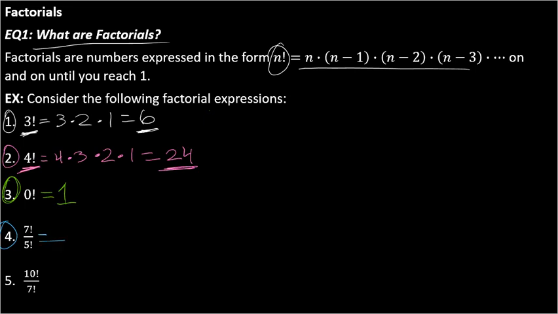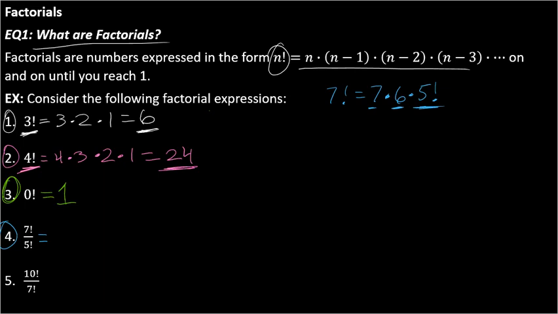Okay, number 4, now we're going to look at some rational expressions involving factorials. So 7 factorial over 5 factorial. Something interesting is going to happen here. 7 factorial is equal to 7 times 6 times 5, and we can stop there and say that it's equal to 7 times 6 times 5 factorial, right? Why would that be useful?